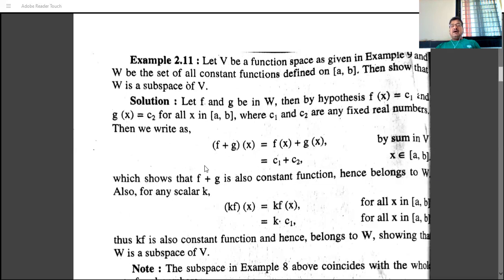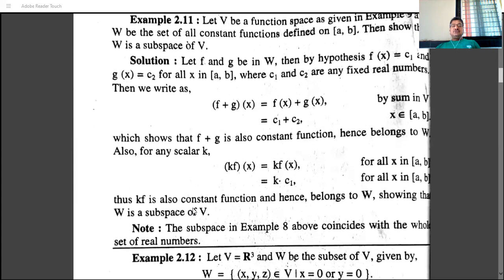Therefore f + g belongs to W for all f and g belonging to W. And now we have to show the second property. Let k be any scalar, and consider kf, because we have to show kf belongs to W. So what is (kf)(x)? It is k times f(x) by the definition. And f(x) is c1 and k is a constant, so k times c1 is again a constant, a new constant.